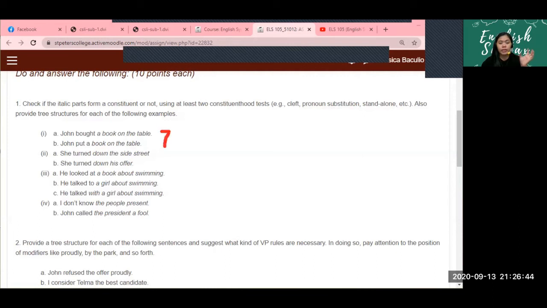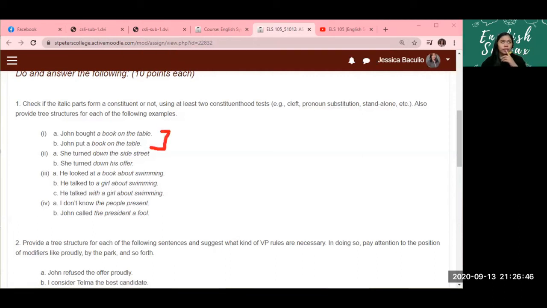So how are you going to explain that in your assignment or in your answer? You just have to explain or give examples of using this substitution or this constituenthood test in your paper. For example, number 1, this sentence, John puts blah blah blah using Cleft.